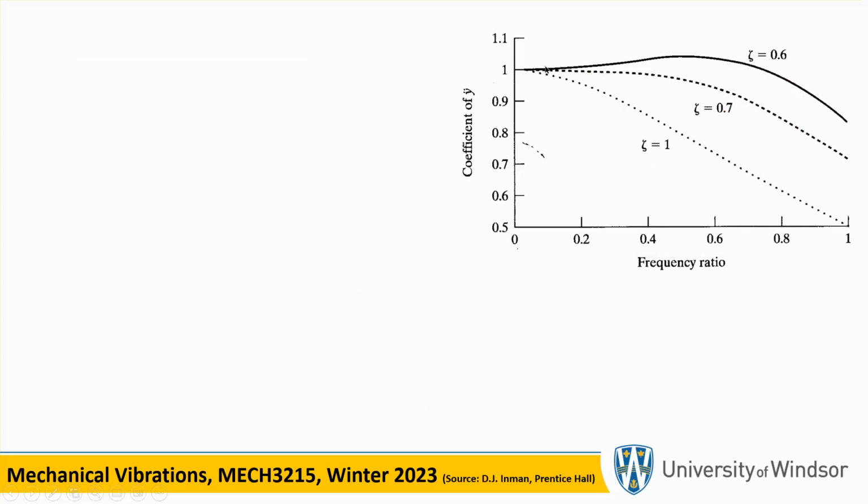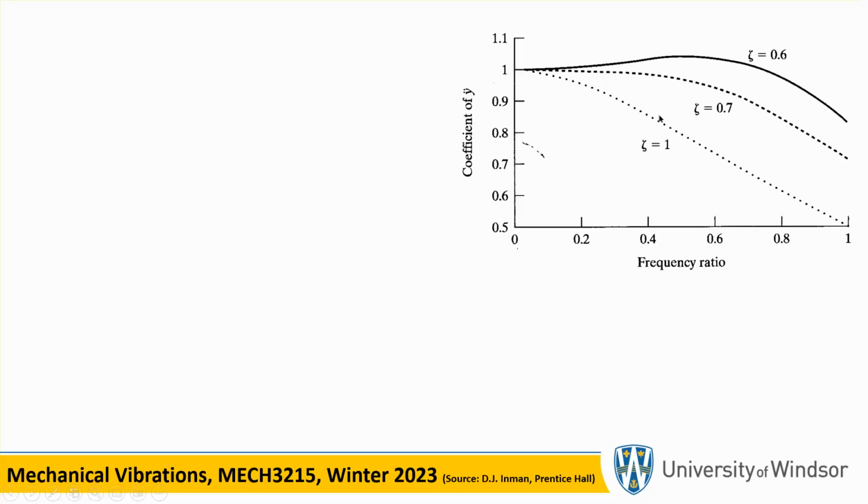Now, the effect of the damping on this coefficient. Remember, this coefficient is simply 1 over the square root of 1 minus r squared plus 2 zeta r squared. That is the coefficient of y double prime, because it is multiplied by omega b squared times big Y, right?